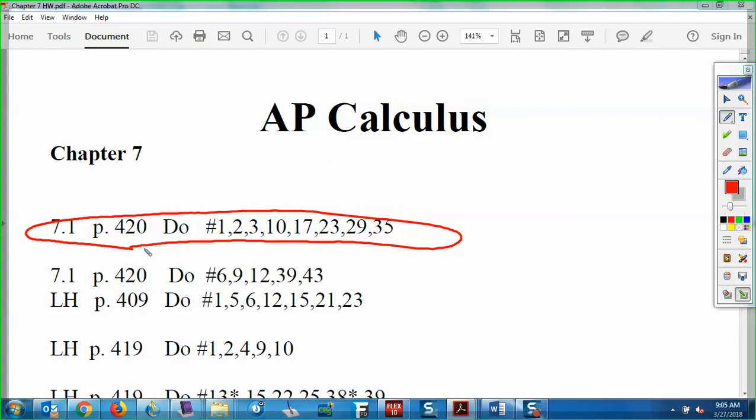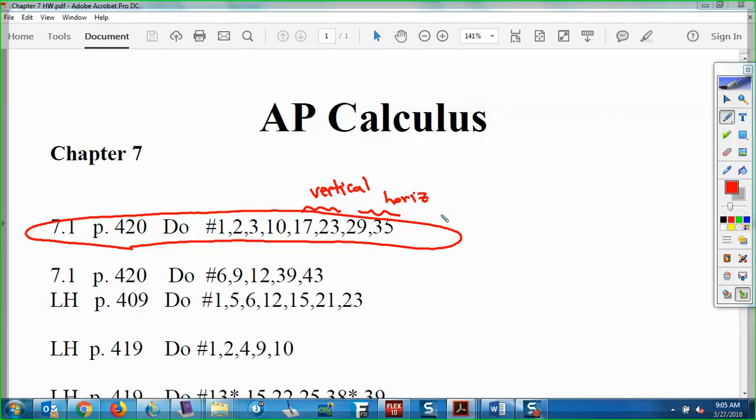But yeah, 17 and 23. It says sketch it with x's or solve them with x's. So that's going to be vertical strips. So 17 and 23, you're going to do vertical strips. And then on 29 and 35, you're going to take those same pictures and do horizontal strips.